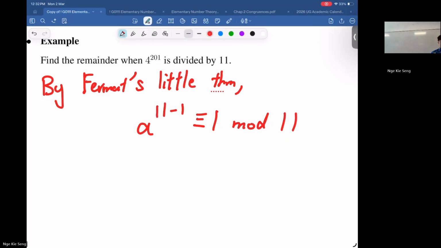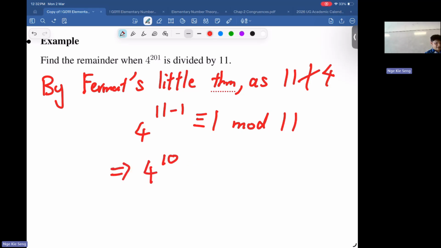What's the A here? It is 4. Okay, so we know that 11 doesn't divide 4. So by Fermat's little theorem, we should know that 4 to the 10 is congruent to 1 mod 11. Okay? But you are given 4 to the 201.